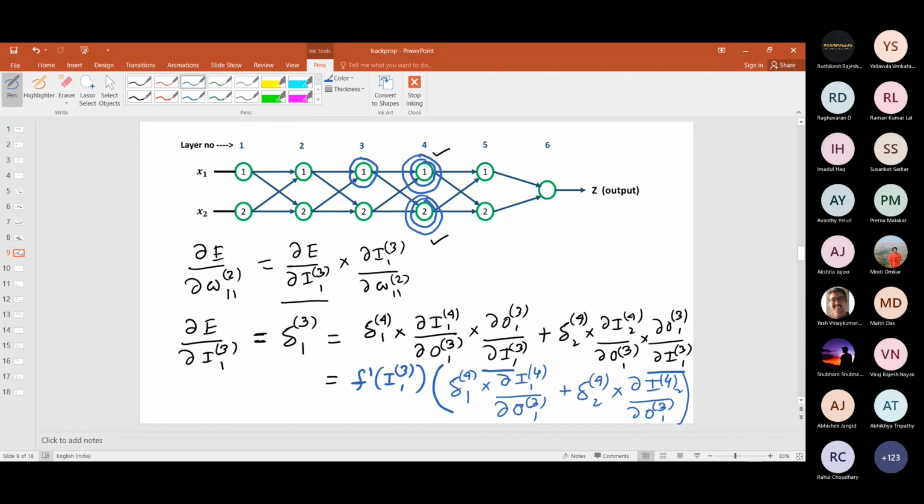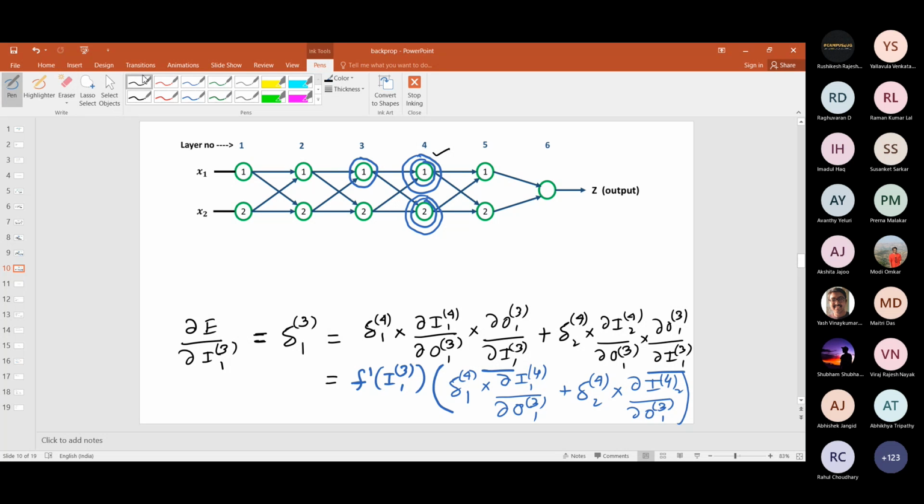So what is that? Here, if I simplify the whole thing further, I can make use of my input and output relationship. Go back to my formula for computing the input and output relationship.